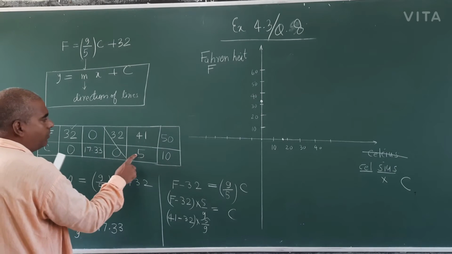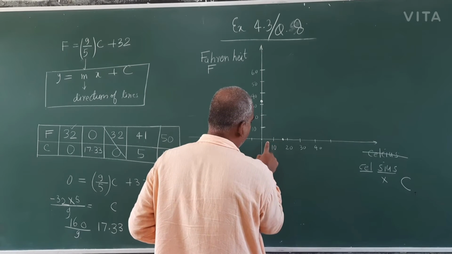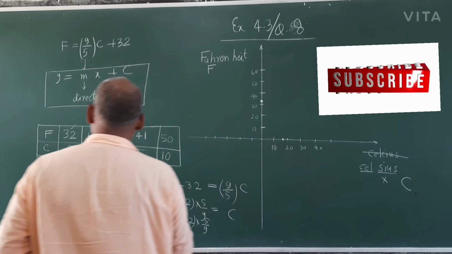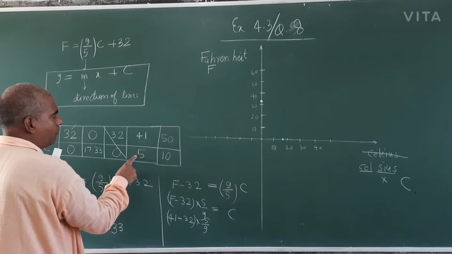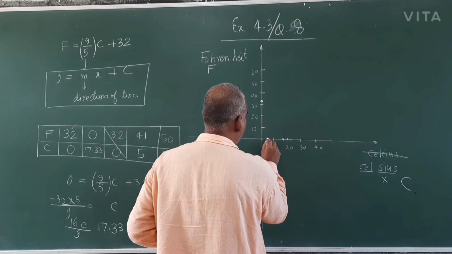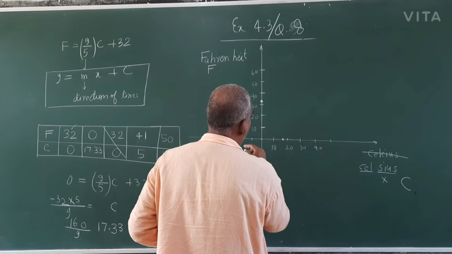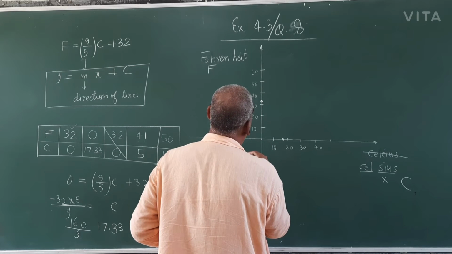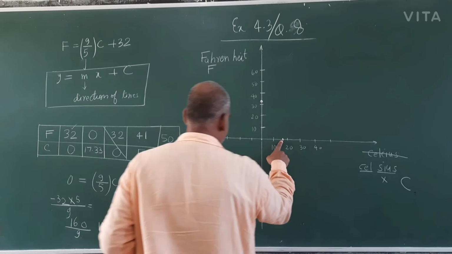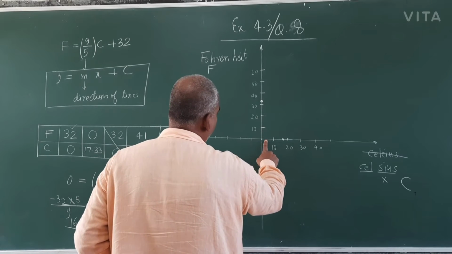When you take C is equal to 5, this is 41. C is equal to 5, then 41.